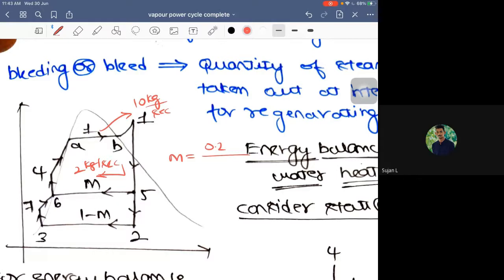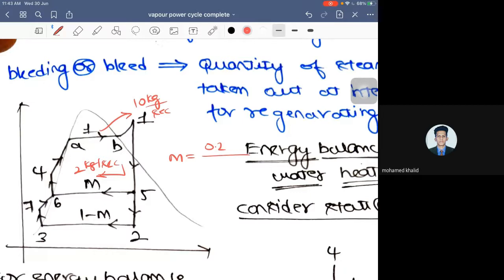Hashir, so what is M? How do you calculate it? It is the ratio of... Sir, M is mass flow rate, no, sir?